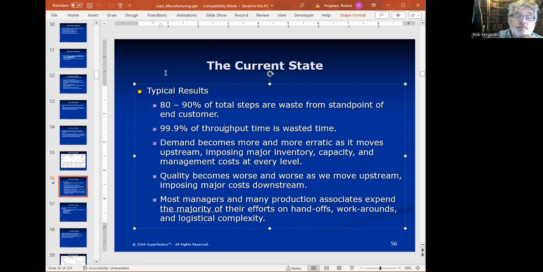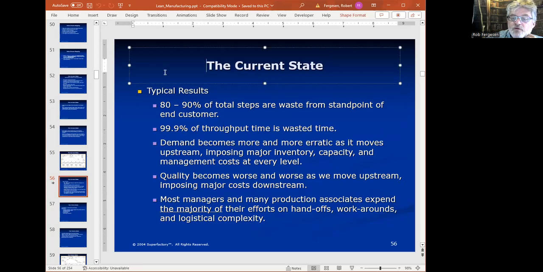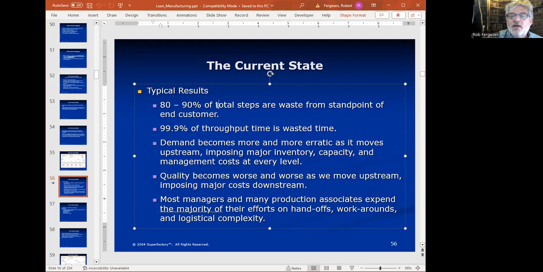So typically, for somebody who's brand new to the whole lean process, the first time they do a value stream map, they see that 80% or more of the amount of time for a product to run through that plant is considered waste from the point of the end customer. They don't care about inventory sitting around between steps. You add nothing for that, right? What they want is a product efficiently run through.